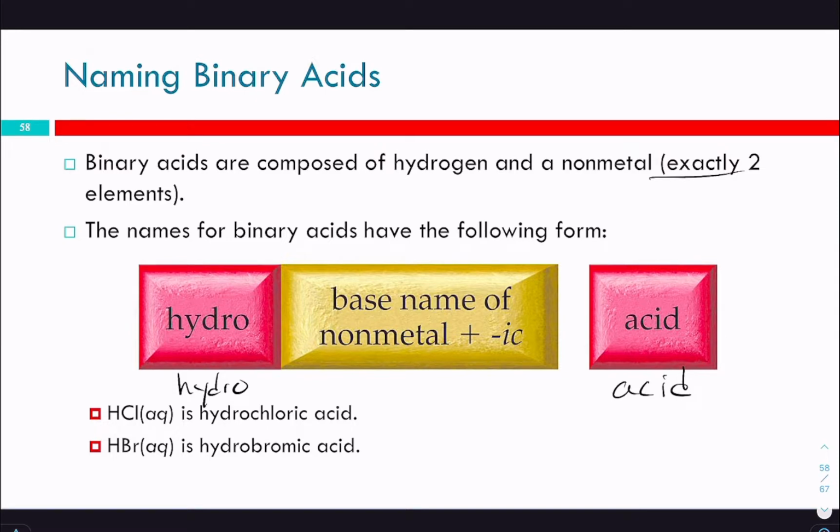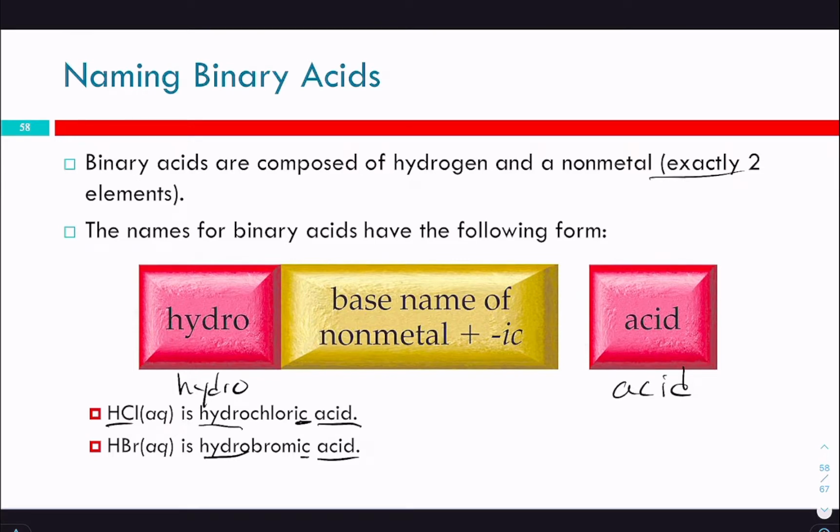It's like we changed monoatomic ions to IDE, we changed them for acids to IC. So HCl becomes hydrochloric acid. For HBr, hydro again, bromic acid. And it's this hydro in front that tells us that it's a binary acid.